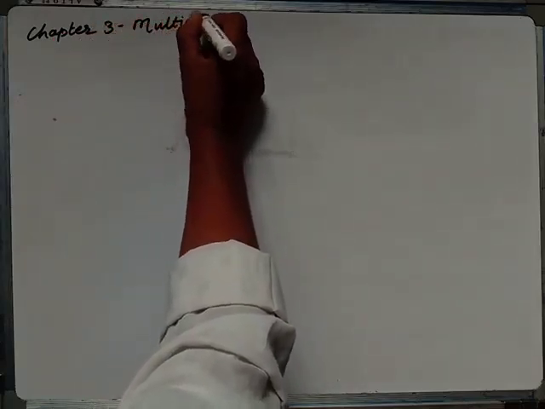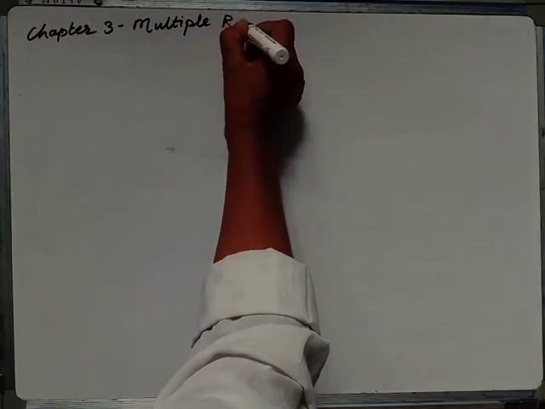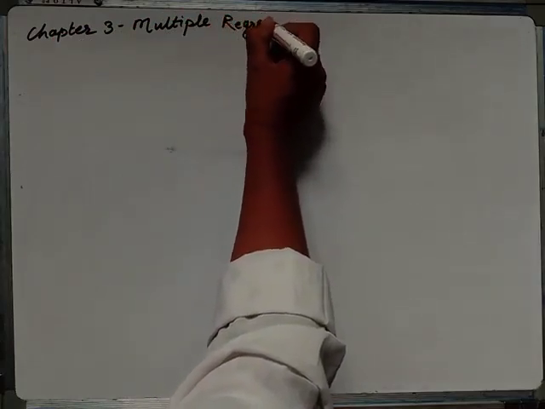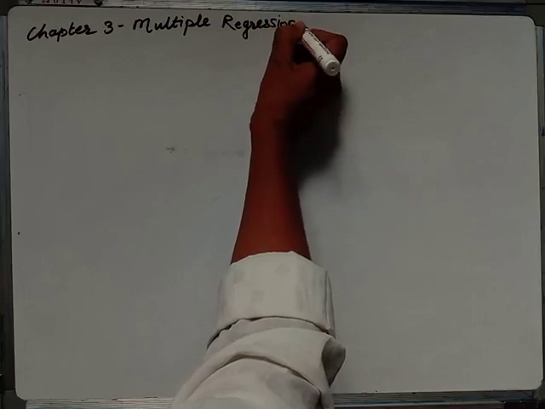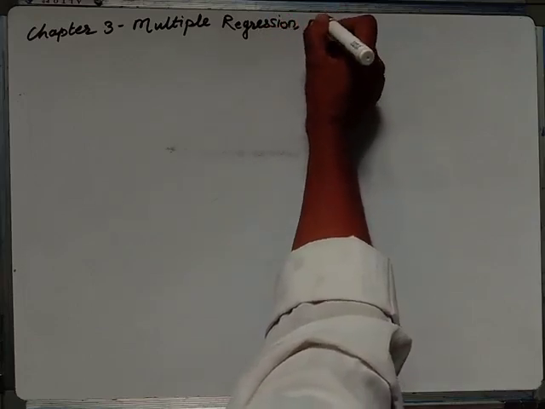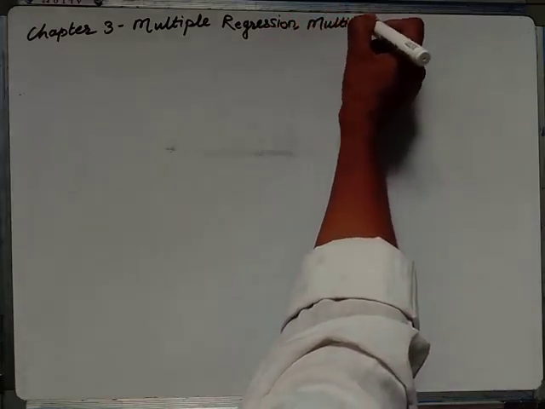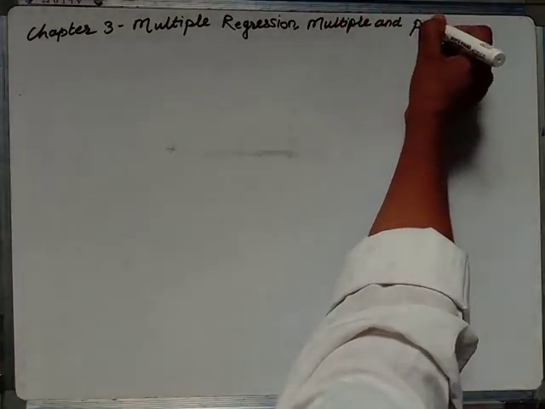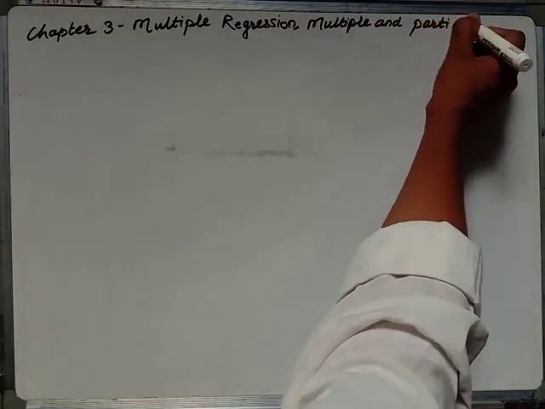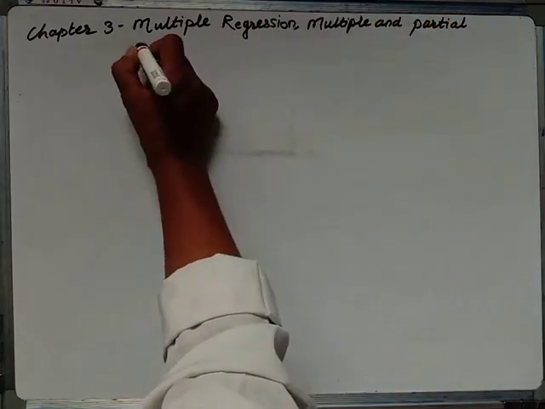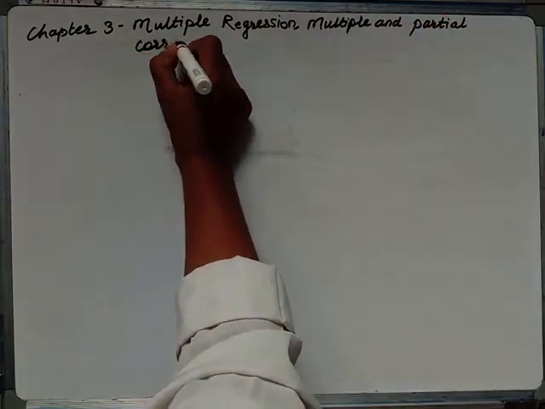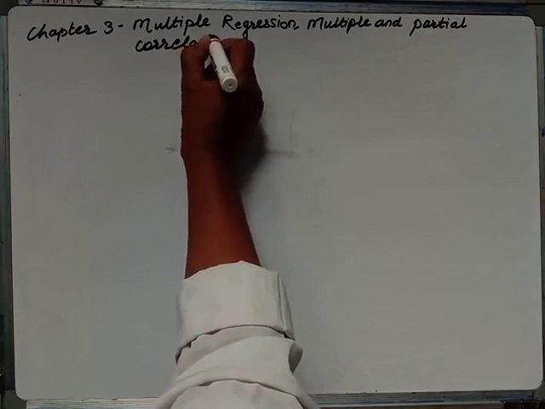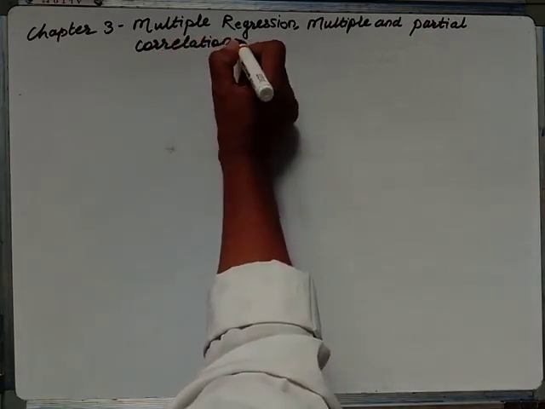Multiple and partial correlation. This is our chapter here.